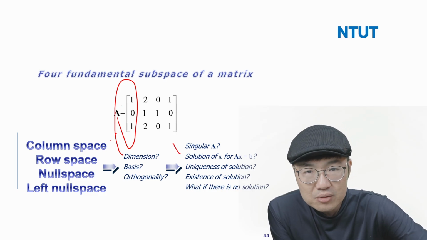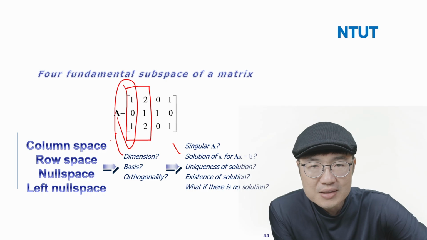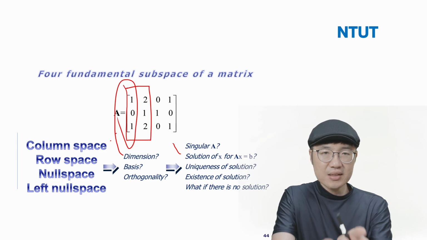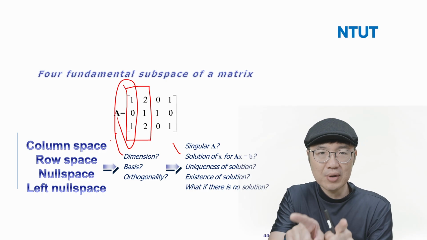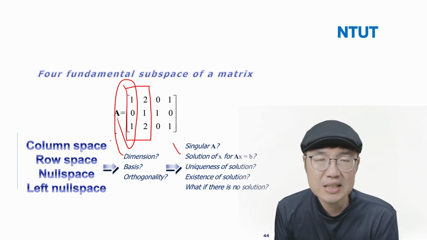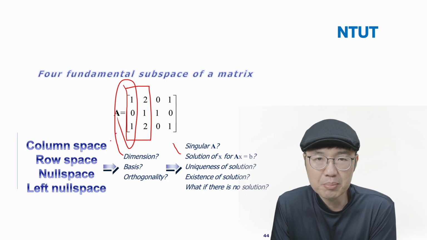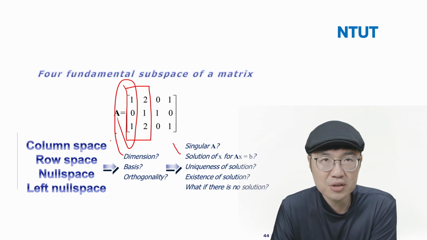But how about 101 and 212 forming a plane? If you span them, if you make 101 and 212 using a parallelepiped and make it a subspace, yes, this is a plane, and the plane still passes through the origin, so it's still a subspace.